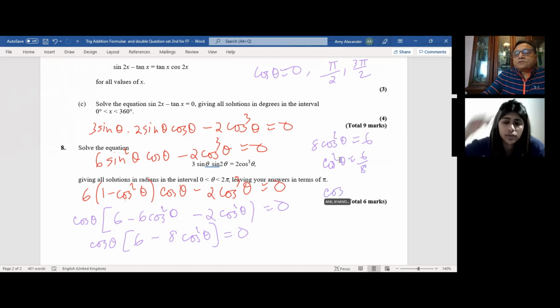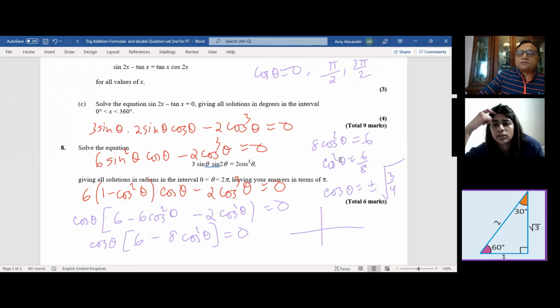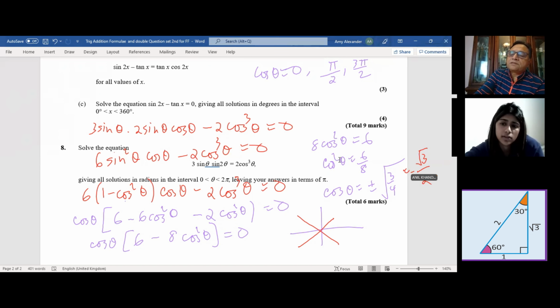So cos theta will be plus minus square root of 3 over 4, correct? So you can find those angles and write your answers. So 4 answers you'll get for this, correct? So square root 3 over 4 means square root 3 over 2, right? Plus minus. And that gives you the cosine angle of 30 degrees, correct?